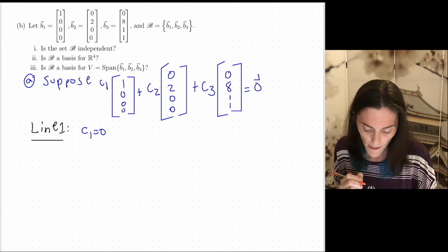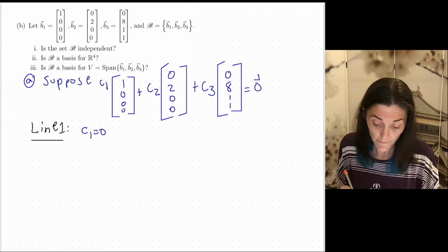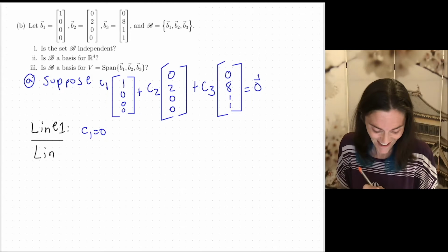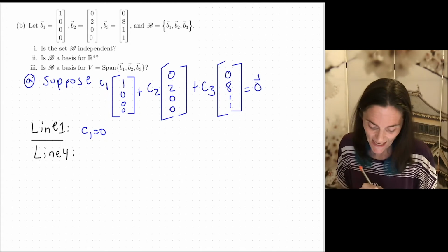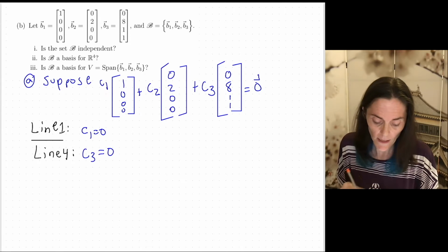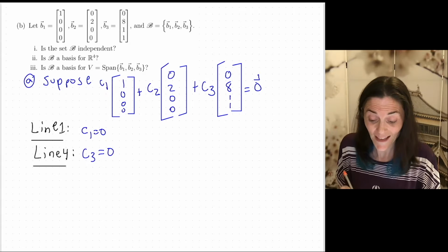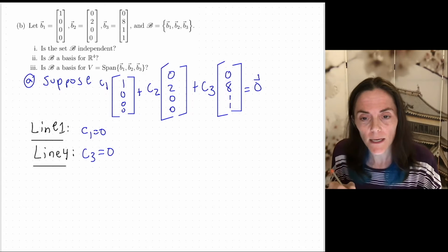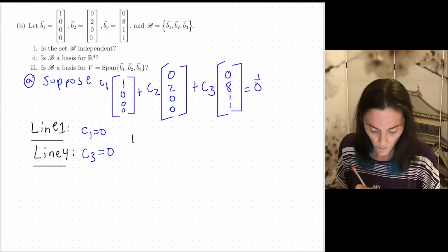Even before knowing this, you can look at line 4, for example, and this says that 1 times C3 must be 0. Now we have C1 is 0, we have C3 is 0, and just look at line 2.